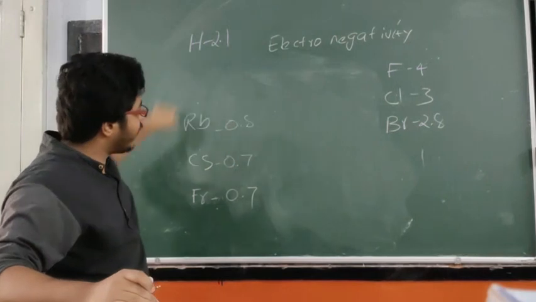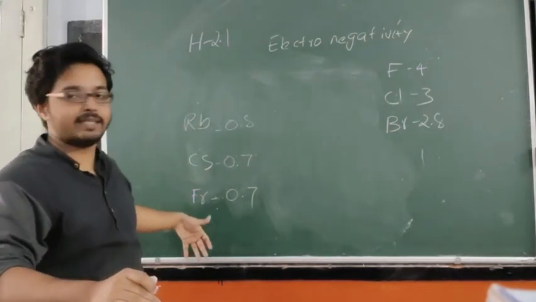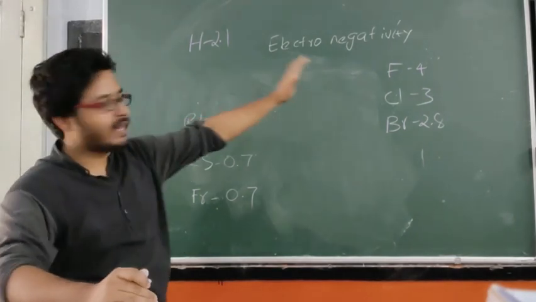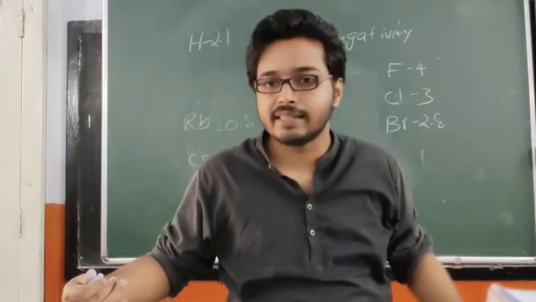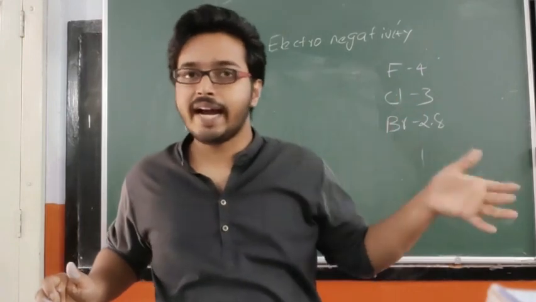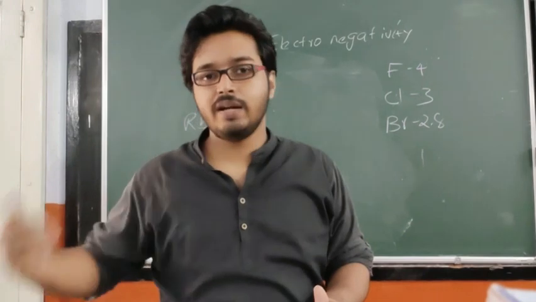Going down in the periodic table, electronegativity decreases. If you move from hydrogen to the right-hand side, electronegativity increases. So electronegativity is maximum on the right top side and minimum on the left bottom side.